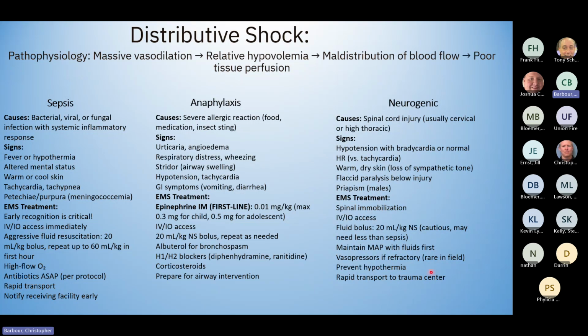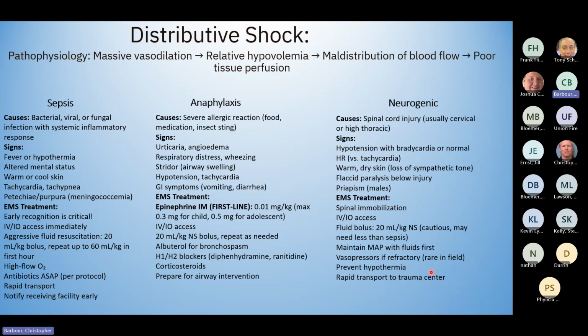So distributive shock, you have the massive vasodilation, which seems to be hypovolemia to the body, and the blood flow is distributed in areas that it can't use. So now we have poor tissue perfusion. I think the two that we are most familiar with would be sepsis and anaphylaxis.